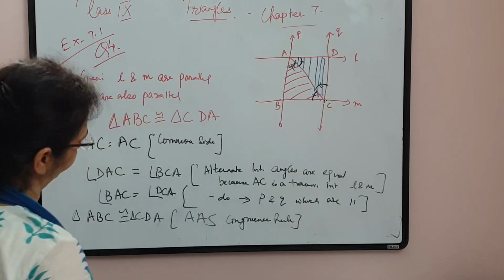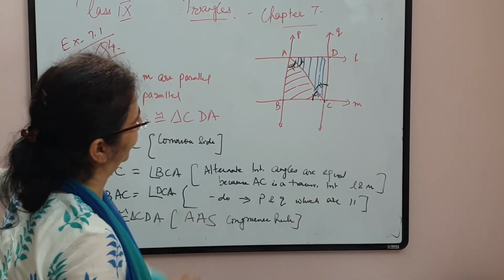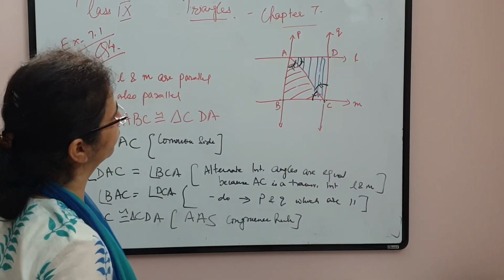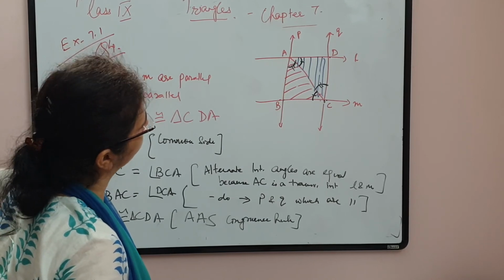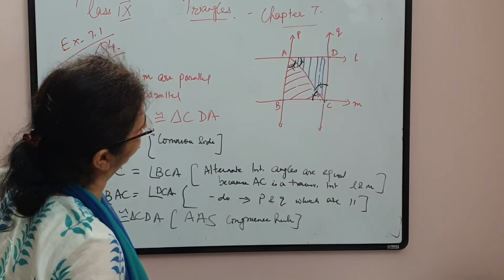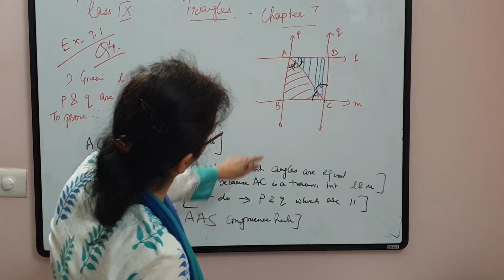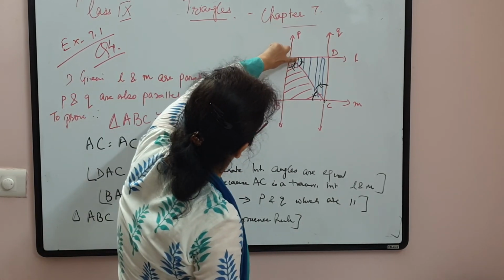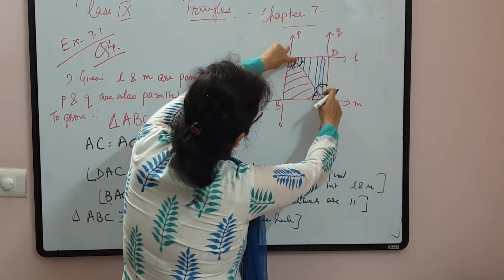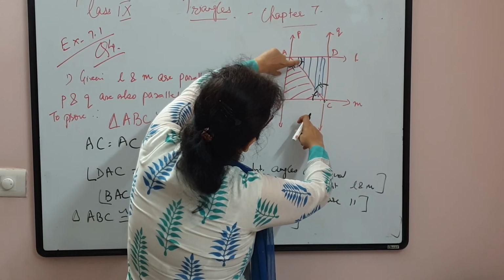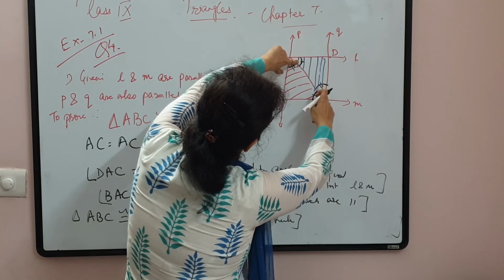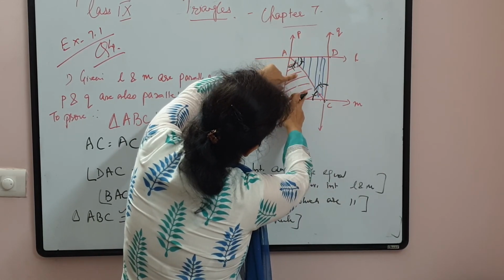Now children, you have to check whether it is AAS or ASA. Is the side which we are talking about, is it the intervening side between the two angles? Let us check. When we consider these two triangles, children, this angle and this angle, the intervening side is AC.